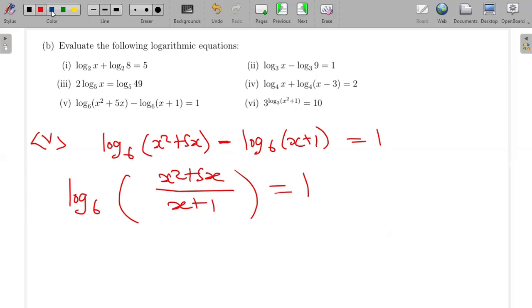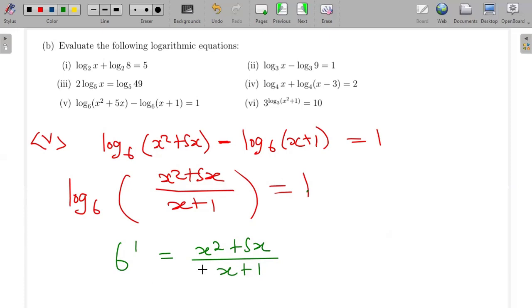Okay, and then from here, base to the power answer is equals to what is in the middle. So base to the power answer is equals to x squared plus 5x over x plus 1.